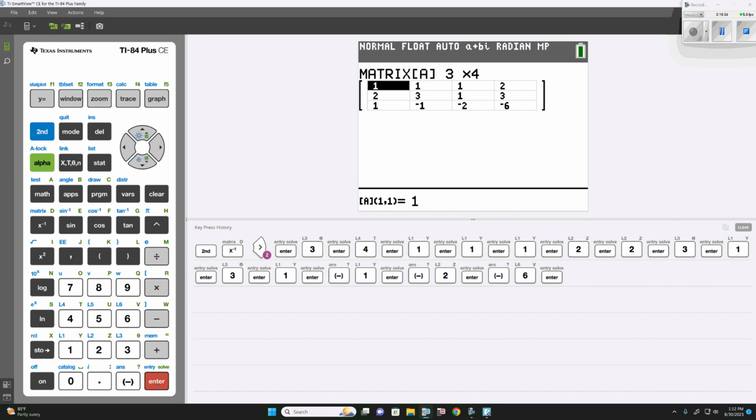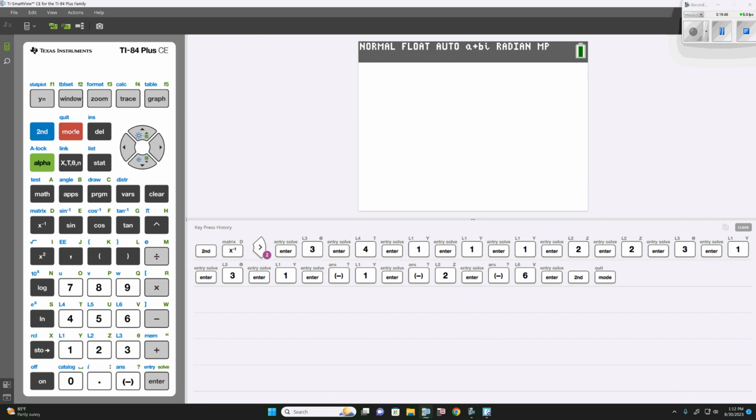Negative 6. Has everybody got the matrix completely typed in? Second mode. So we're going to quit back to the home screen.